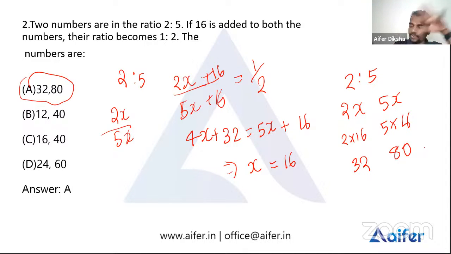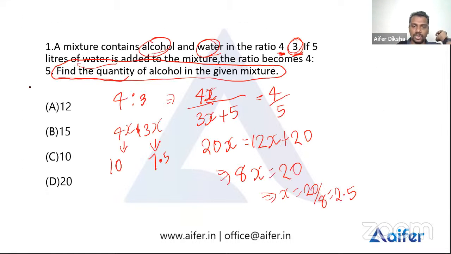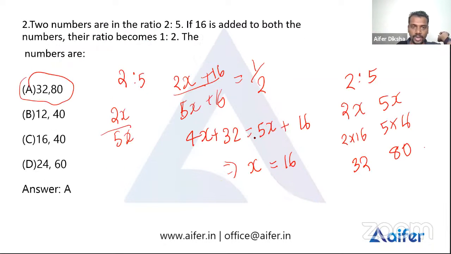Is it clear now? The same way we explained the last question also. We have 4:3, so 4x by 3x. There is only addition of water, so we are adding 5 to the water, 3x plus 5. Solving it, we get 0.5. Is it clear? Somebody asked me a doubt before.